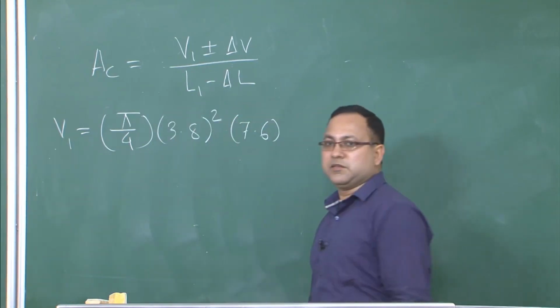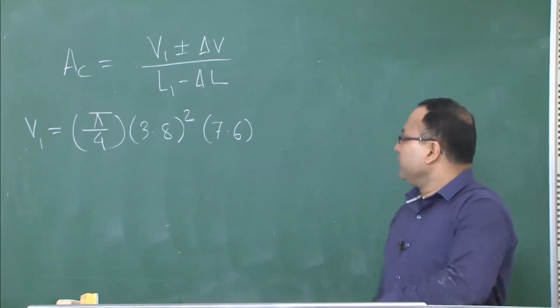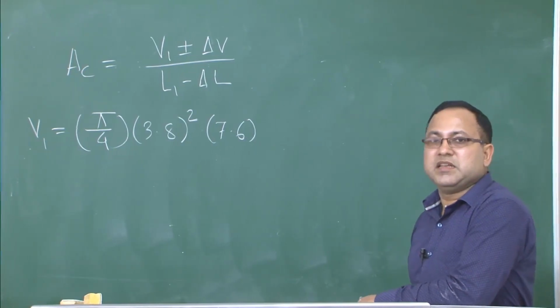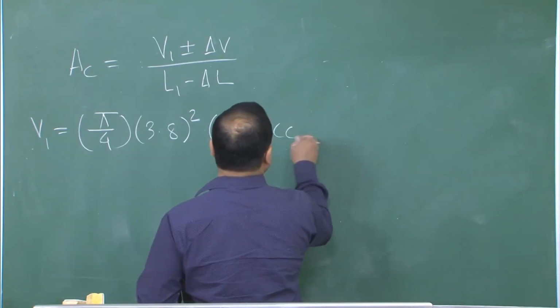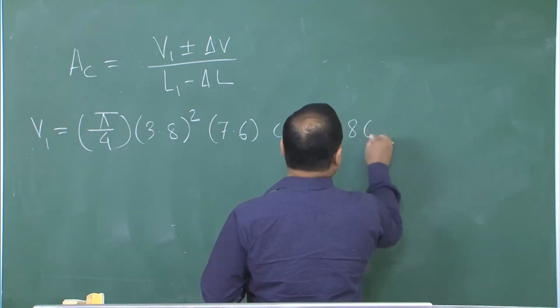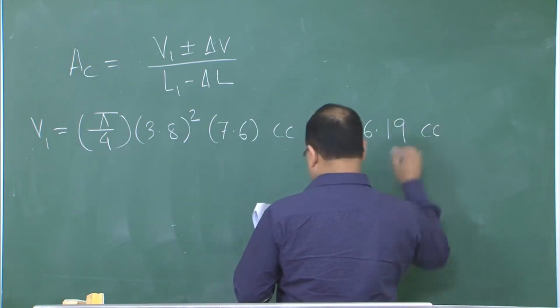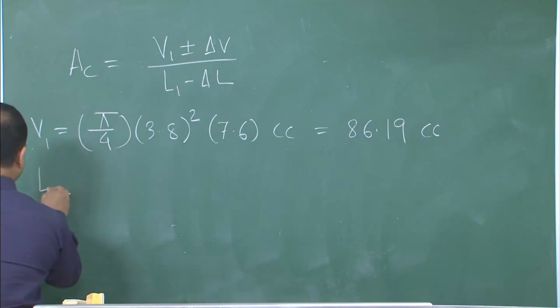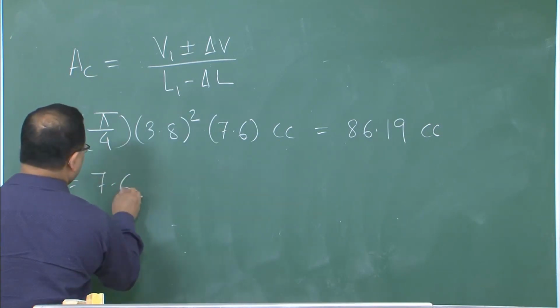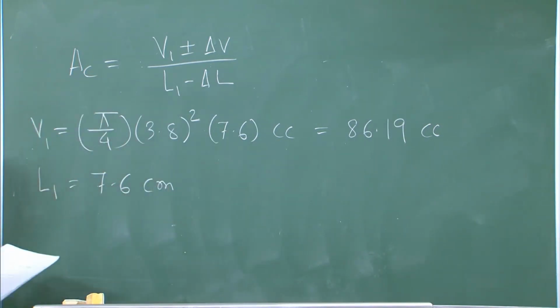So, 3.8 centimeter is the diameter and 7.6 centimeter is the length. So, the volume is 86.19 cc. L 1 is 7.6 centimeter as given in the problem.